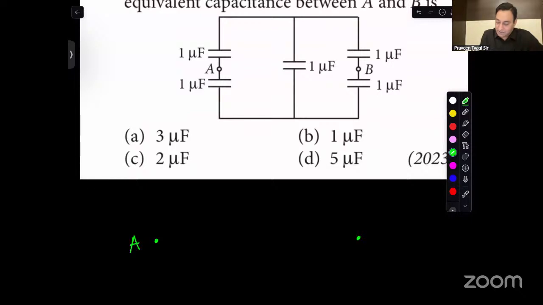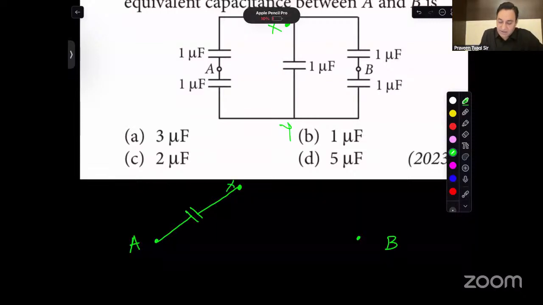A and B are these 2 points, and I draw this capacitor of 1 microfarad, and then it is connected at a point, say X and Y. This is X. Now, from X, there is another capacitor which is connected to B.